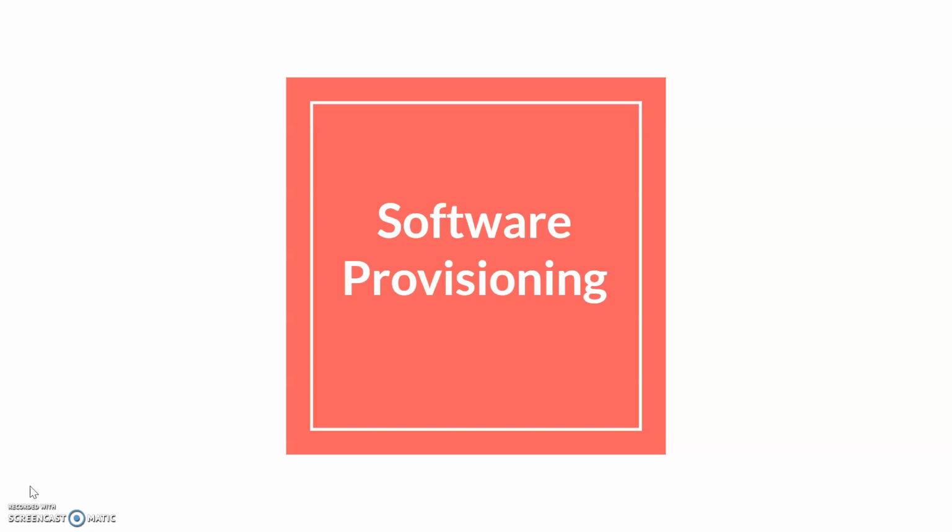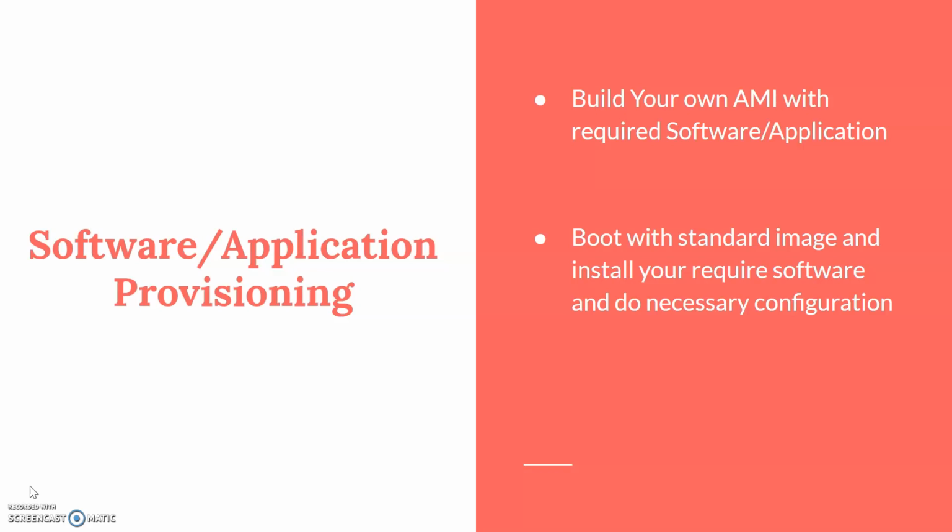So let's see. There are two ways to provision your software application. One is you can install an AMI, configure your application and configuration. You can upload your required documentation and scripts, all these things, and then configure and install all your software.